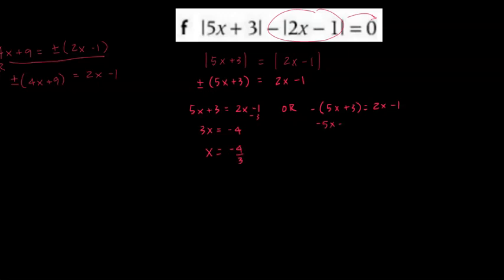And negative 5x minus 3 equals 2x minus 1. Plus 1, negative 2 equals positive 7x. And we have x equals negative 2 over 7. Yes, yes, yes.